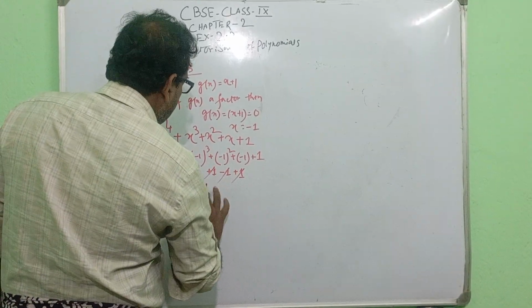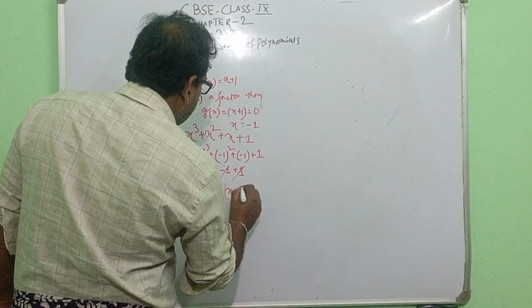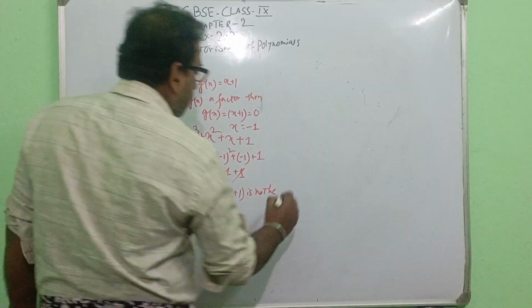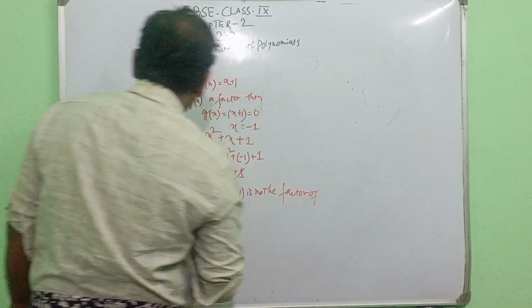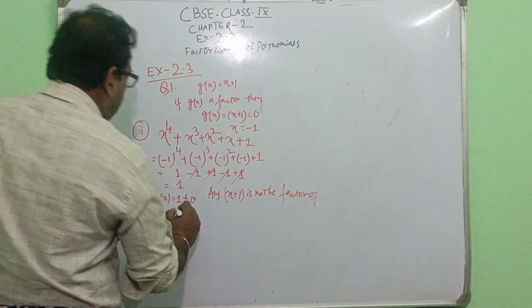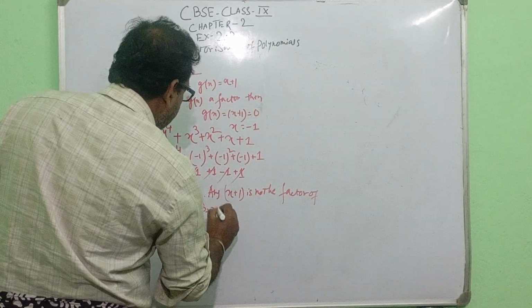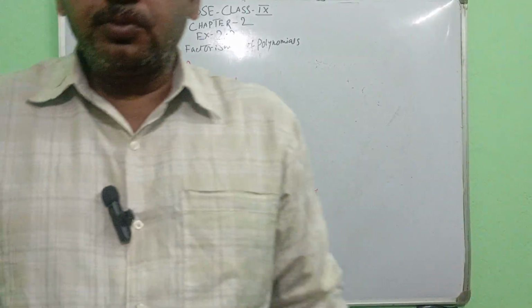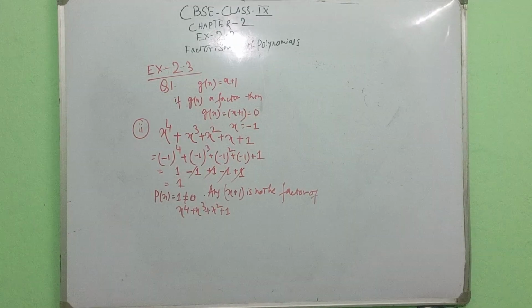So answer is x plus 1 is not the factor of x to the power 4 plus x cube plus x square plus x plus 1.